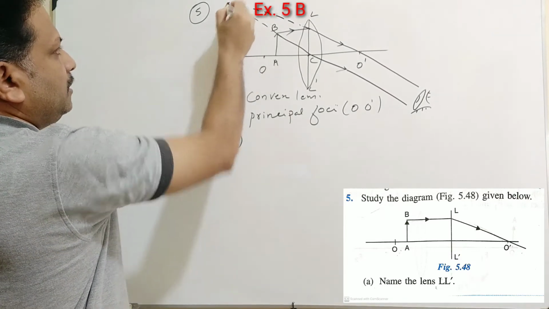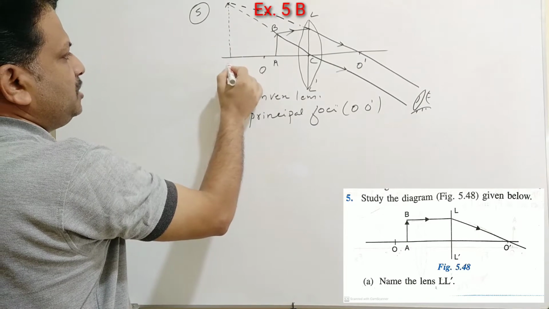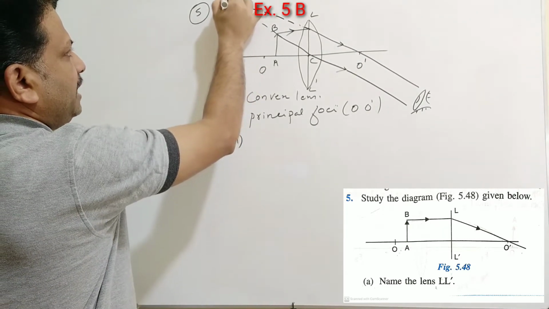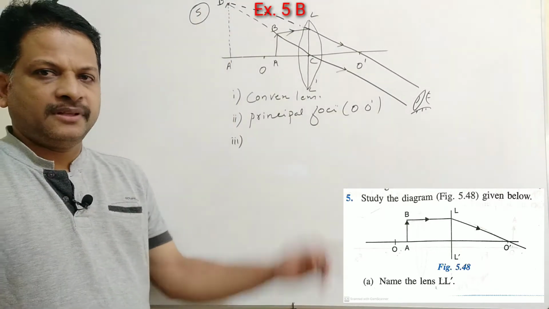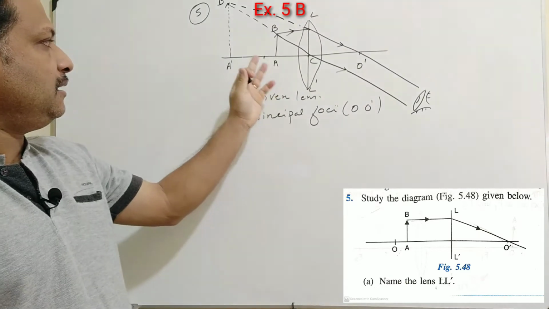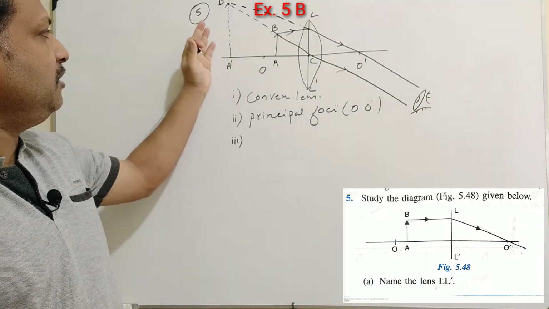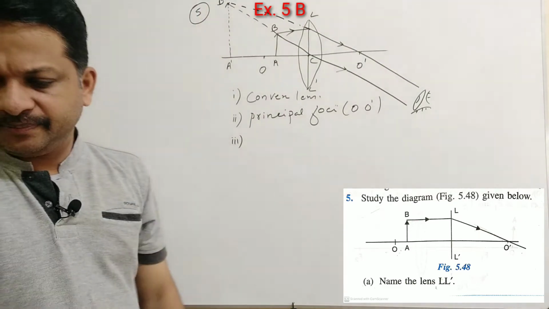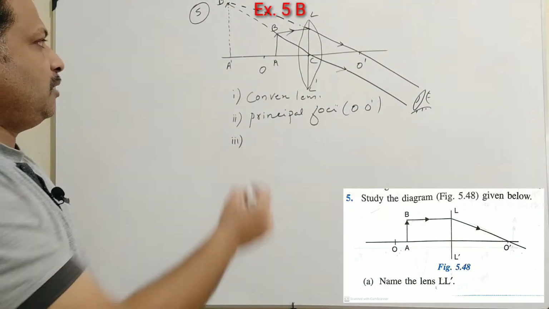With the dotted line, we get a virtual, erect and magnified image A dash B dash. So the diagram is completed. Clear? So we are getting a virtual, magnified, erect image on the same side of the object. Now that part is completed.